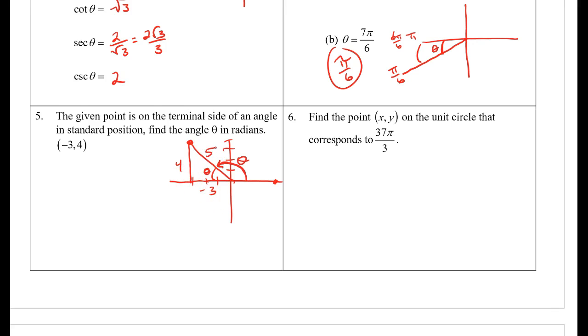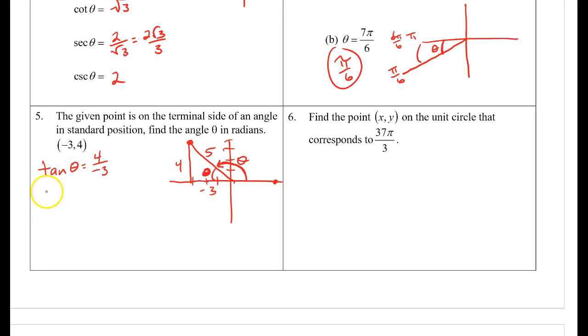And we use any one of our ratios to find the angle. So to find this inside angle here, we can go ahead and use the tangent. Tangent theta equals 4 over negative 3. I really shouldn't use tangent twice, but we'll get over it.